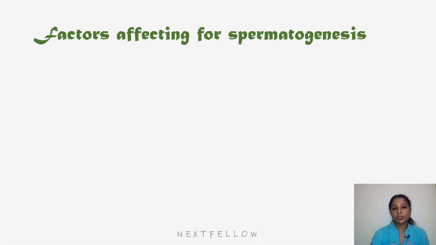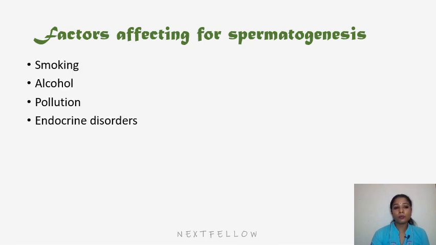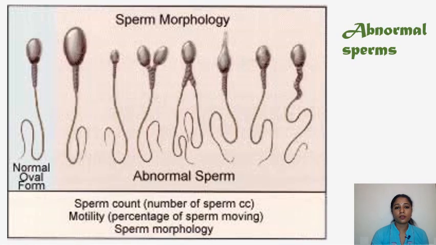Then the factors affecting spermatogenesis: smoking, alcohol, pollution, endocrine disorders, drugs, stress, and genetic causes are the predisposing factors which may affect spermatogenesis in males. Abnormality of sperms is common as compared to the oocytes.